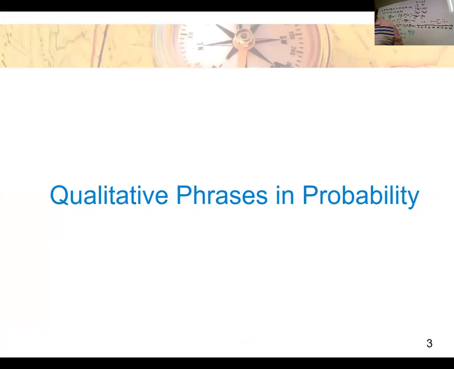Now we're going to talk about the qualitative phrases in probability. We did talk about that word qualitative, which is another way of saying categorical data in statistics. There are phrases that are qualitative in nature that deal with probability.